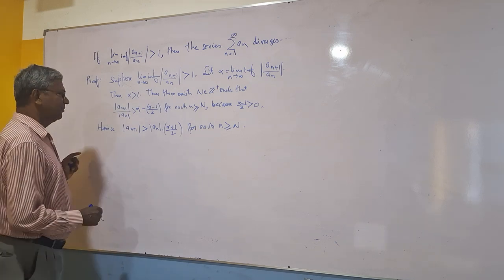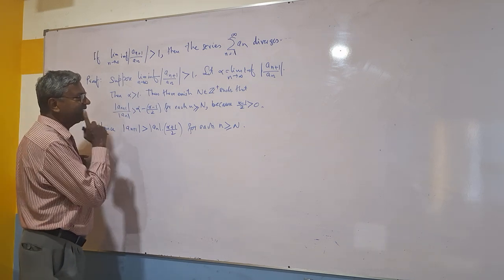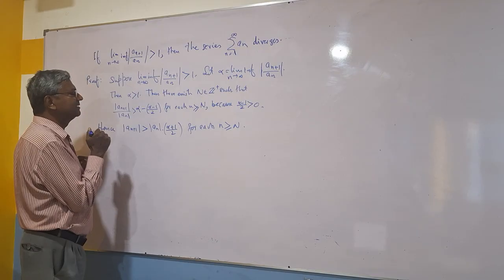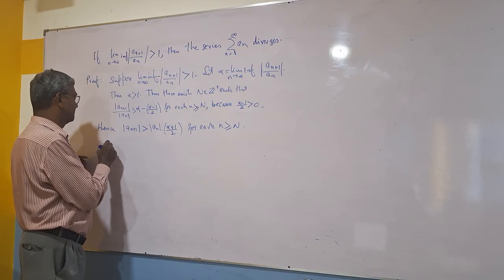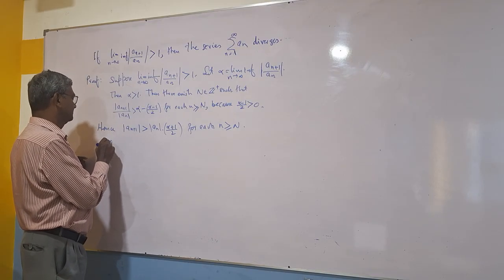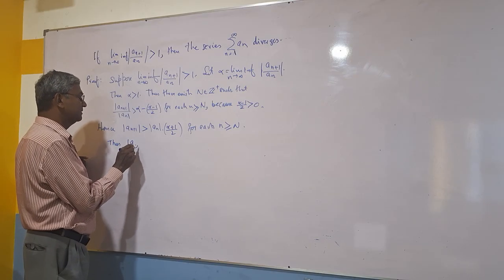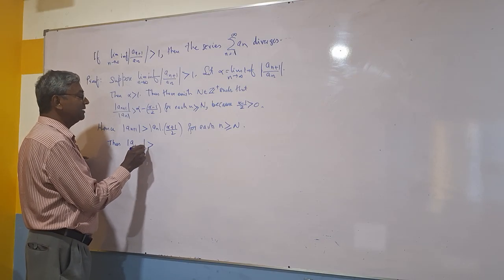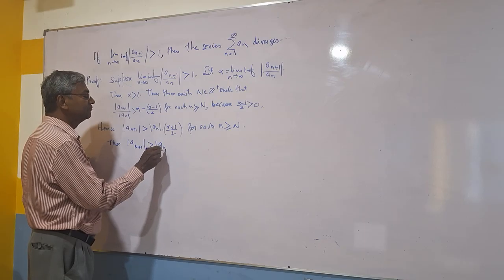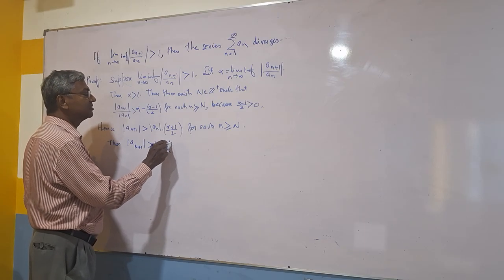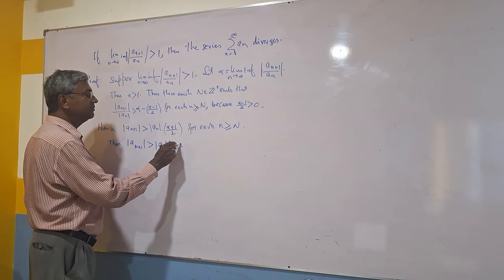So this is true for any n greater than capital N. Thus, mod a_{n+1} is greater than mod a_n times (alpha plus 1) divided by 2.